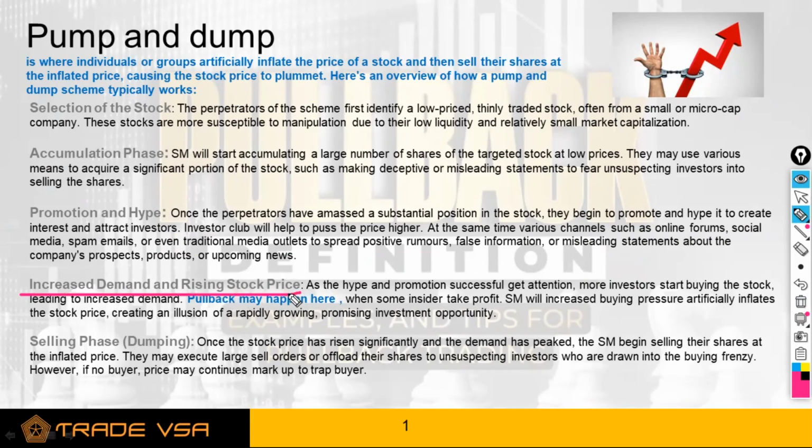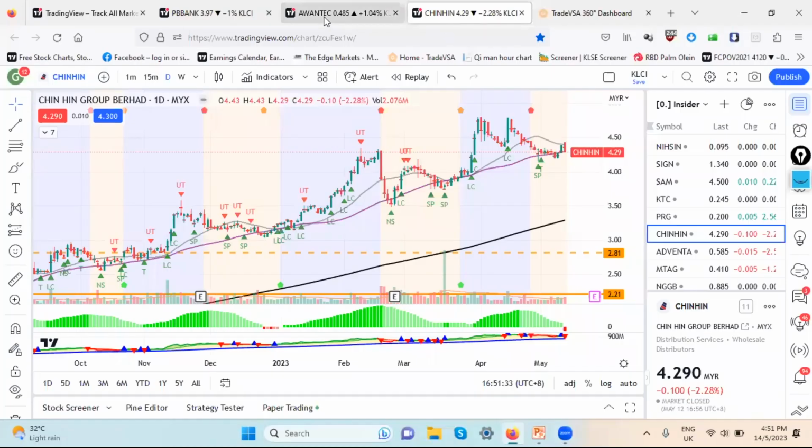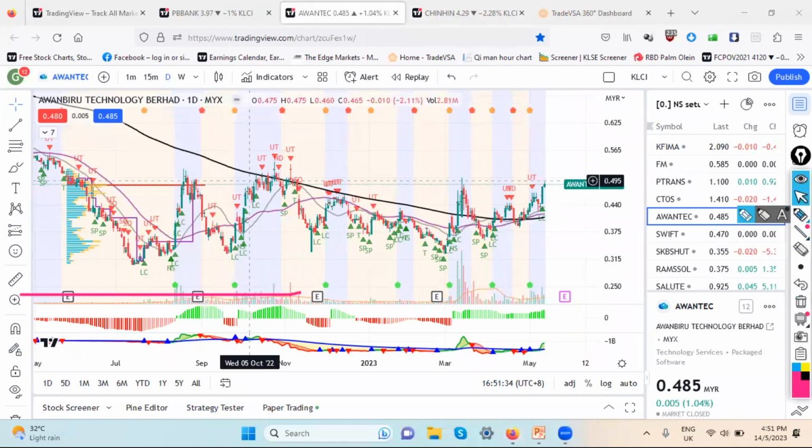This pullback class is different from the last time I conducted it, because last time I found out we were using a lot of charts only, all these pullback charts. We analyzed the chart mostly by method, how we read the chart.